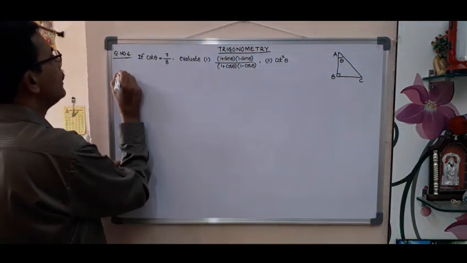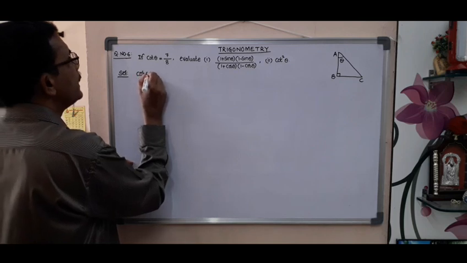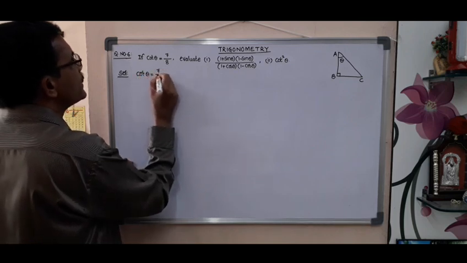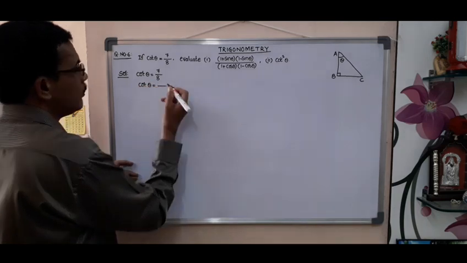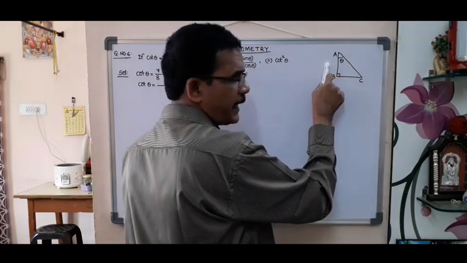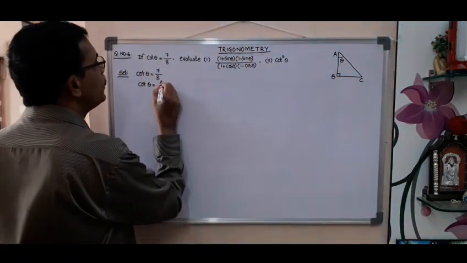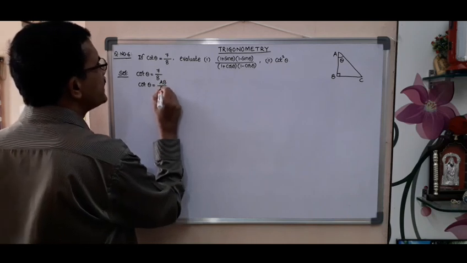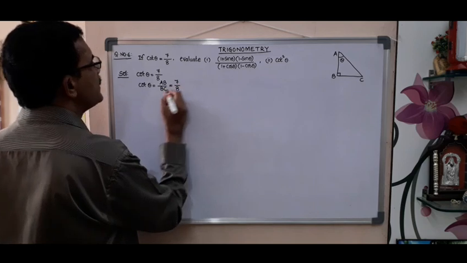Now solution. Cot theta is equal to 7 by 8. Cot theta definition from the triangle: adjacent side to theta by opposite side to theta. So that is equal to AB by BC is equal to 7 by 8.